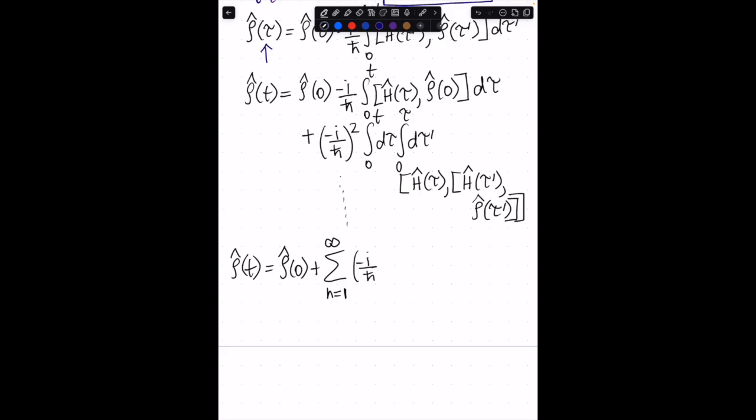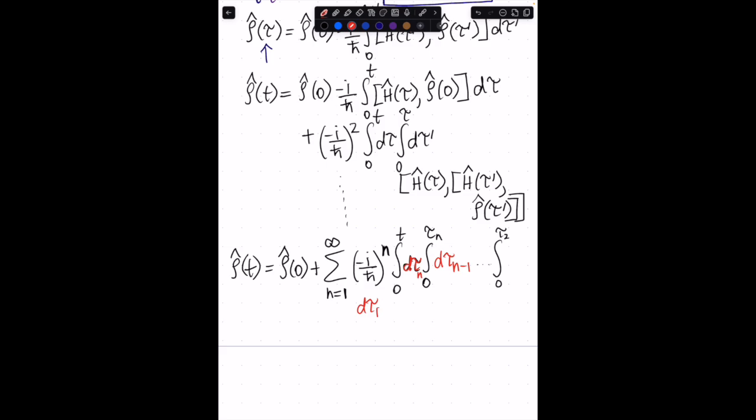Minus i over h bar to the power n, integration from 0 to t, d tau n, 0 to tau n, d tau n minus 1, and so on, 0 to tau 2, d tau 1. Here I'm going to use different integration variables, and I'll explain the ordering of the integration variables once I write the terms.